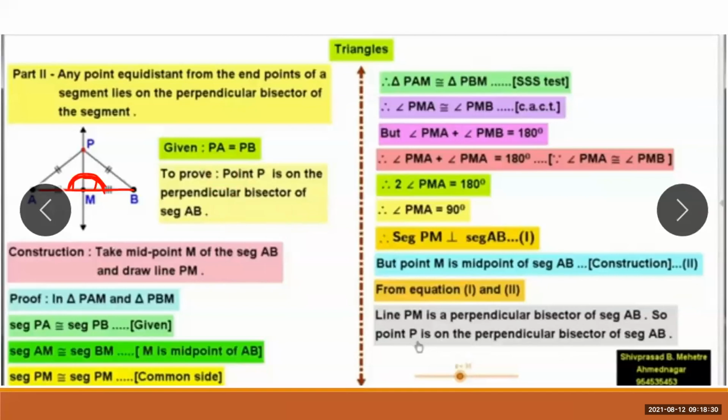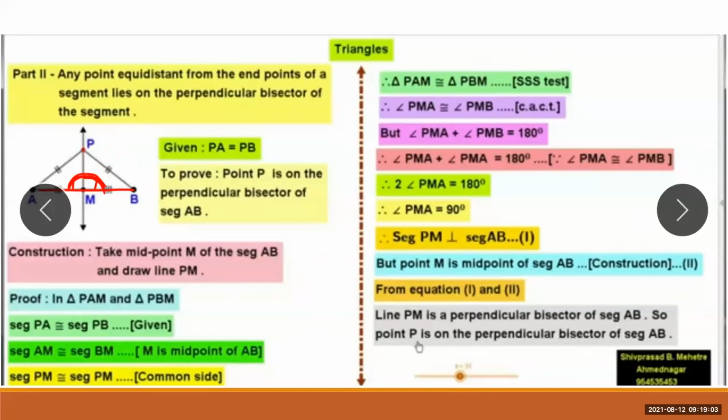Now do the construction. Take midpoint M on the segment AB and draw line PM. This is the line PM drawn here. Because of this line and the segments PB and PA, two triangles are formed here. We will show these two triangles congruent to each other.